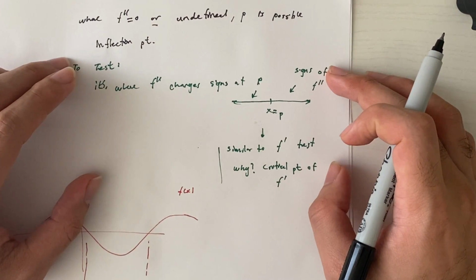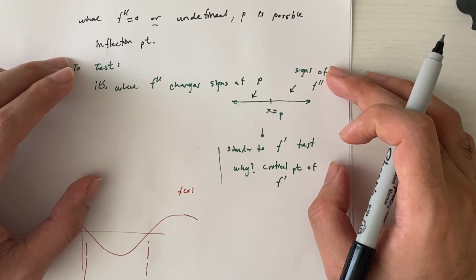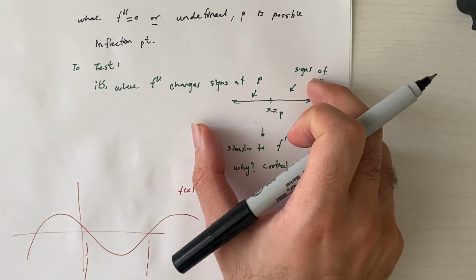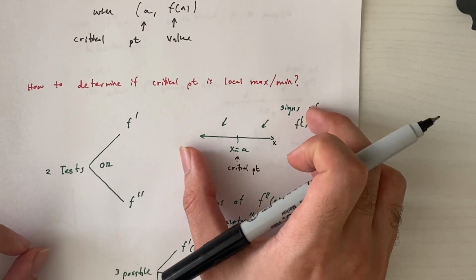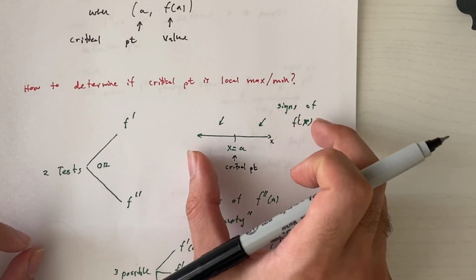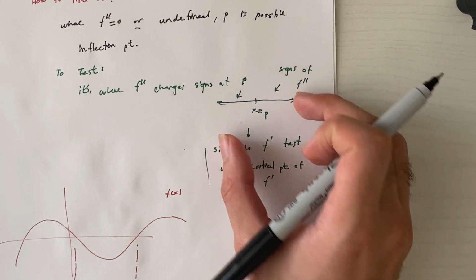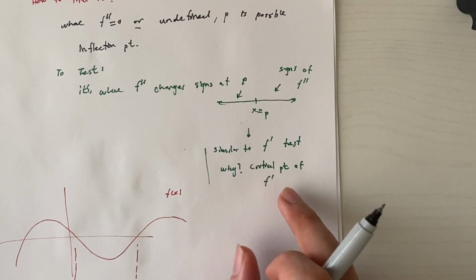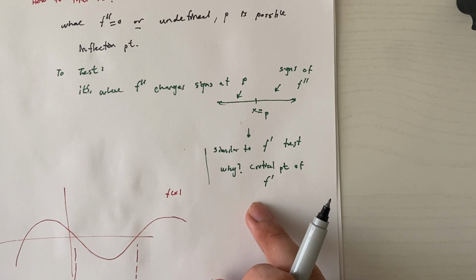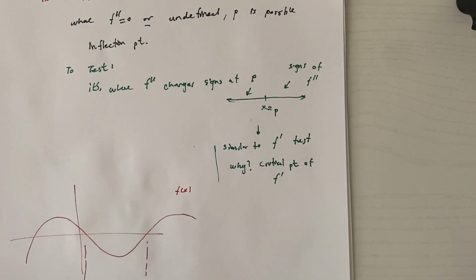Now I want to note here, this test is similar to the first derivative test when we want to find if it's a local maximum or minimum. Why is that? Because an inflection point is actually a critical point of the first derivative. Why?